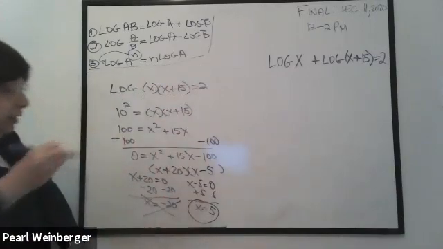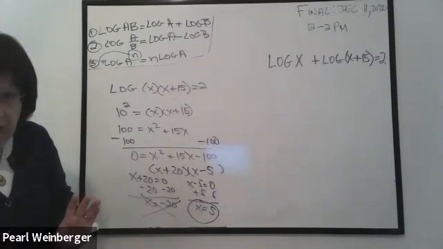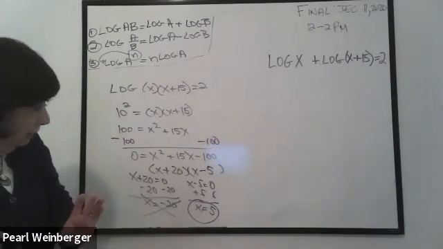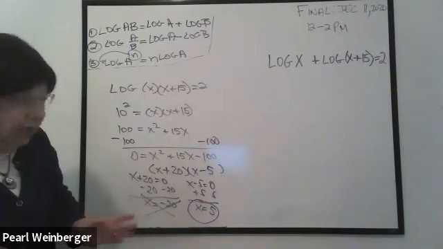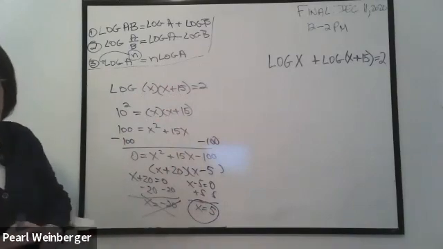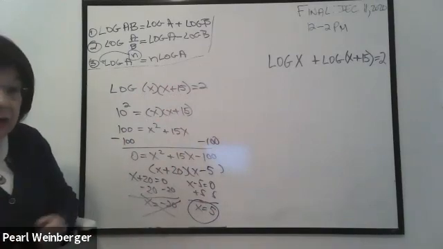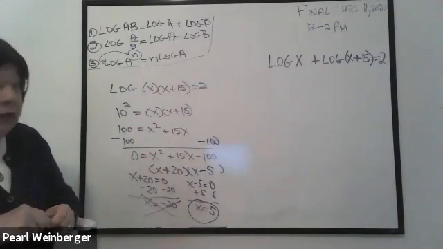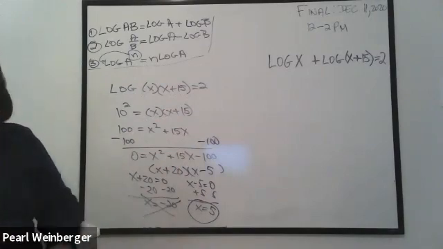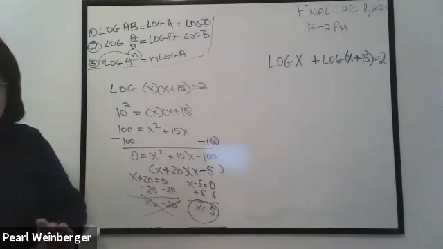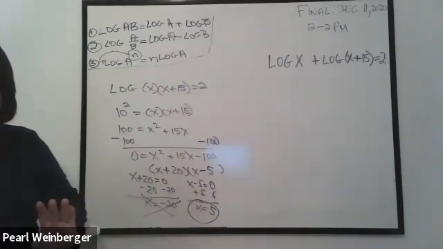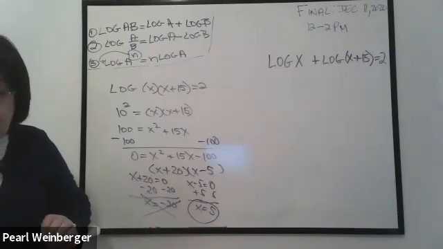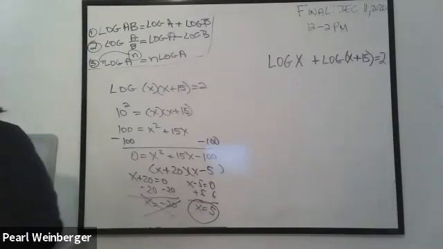So my final answer is not negative 20 and 5, it's just 5. Don't forget to discard an answer that gives you a log of a negative number or a log of 0, because that is not in the domain of the log. You cannot do the log of a negative number.